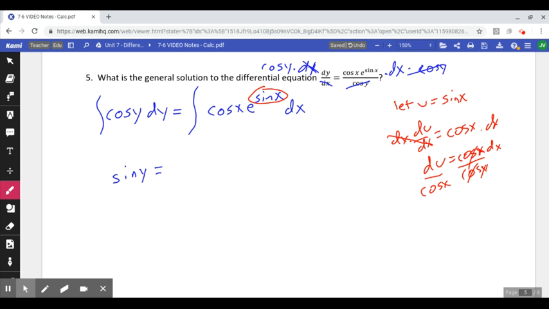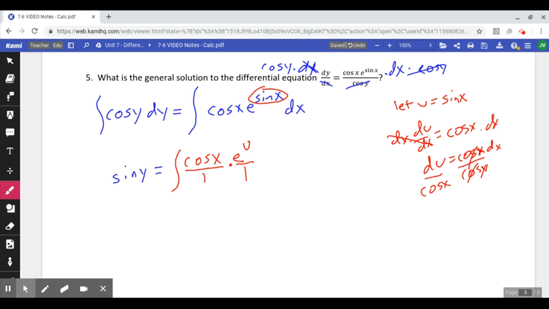When I rewrite this integral expression, I'll have the cosine of x, and I'm just going to put that over 1 so that we can keep track of that. That's our first cosine. And then I've got e to the u power. Remember, u is equal to the sine of x.